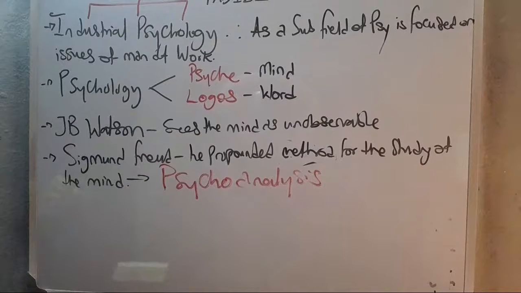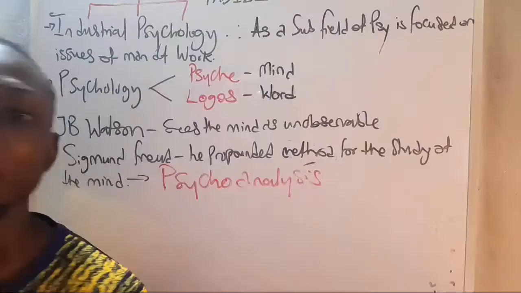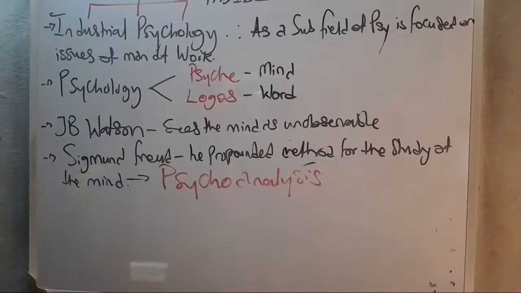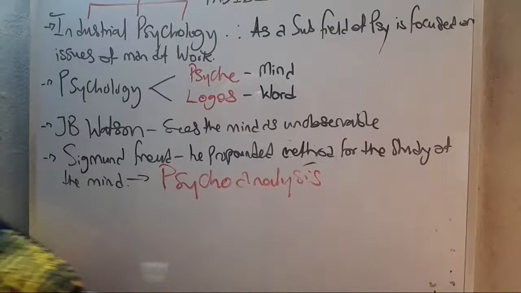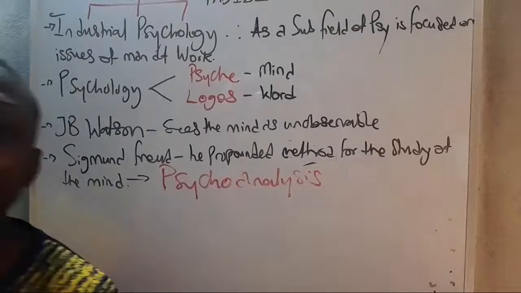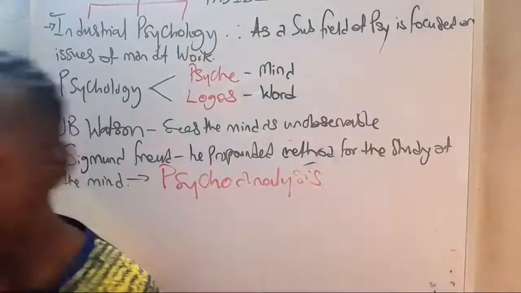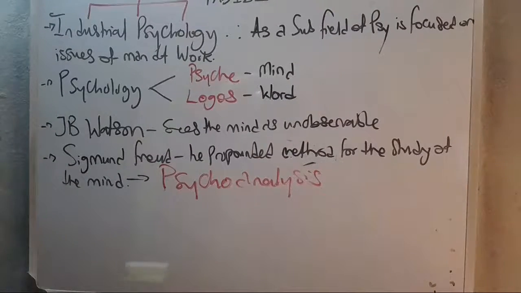Now let's continue. Let's take note of this point. It says that industrial psychology as an academic discipline started with the pioneering work of Munsterberg in 1913.